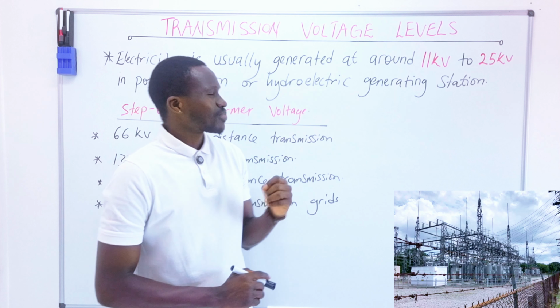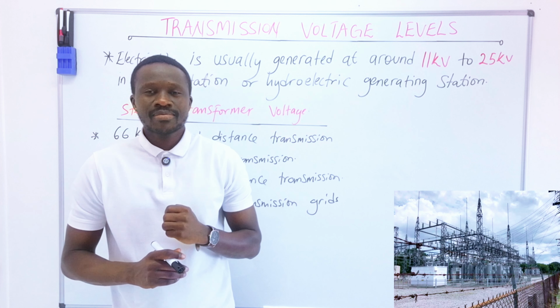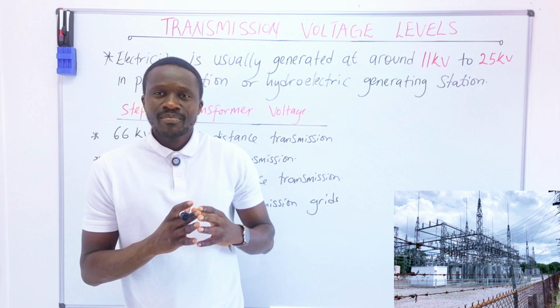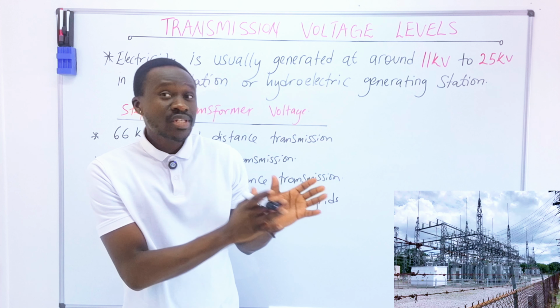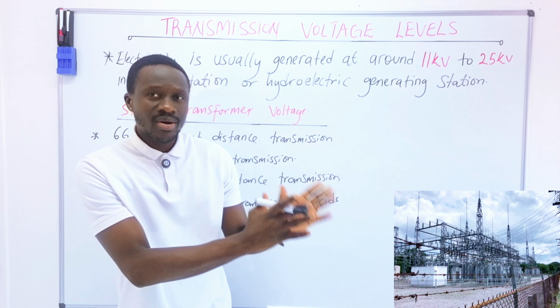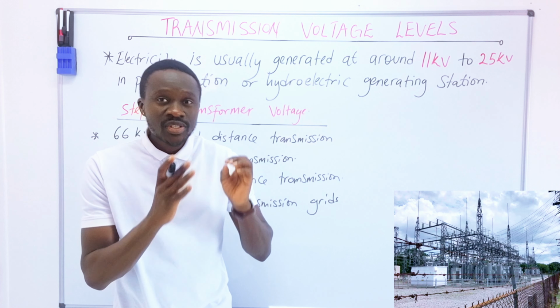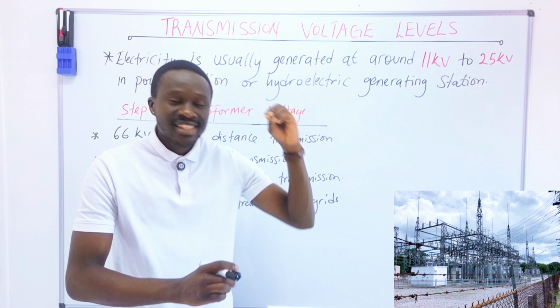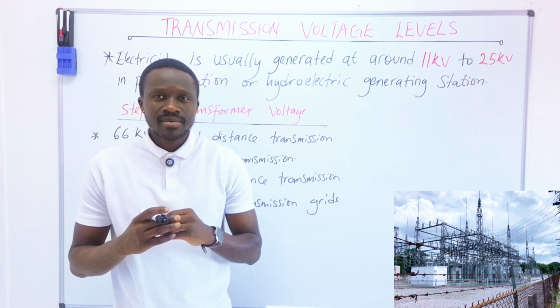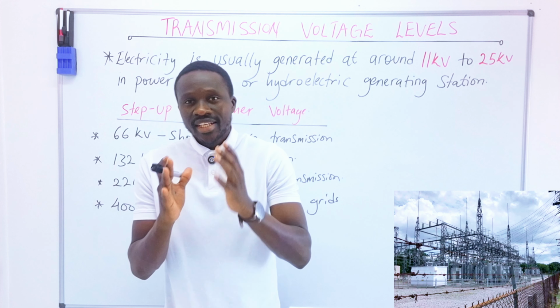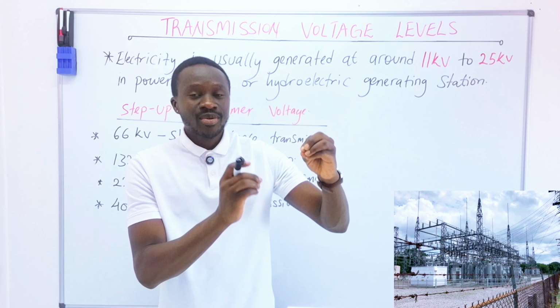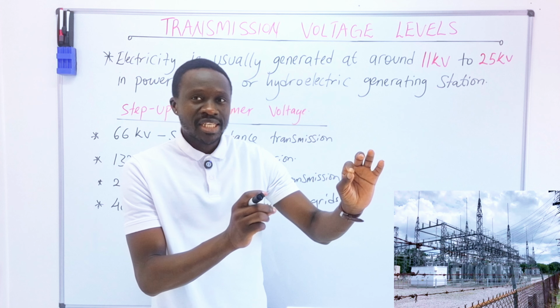Okay, now let me ask you something. Have you ever wondered why this generated electricity, which is in some small thousands, is transmitted in hundred thousands? Why do electrical companies not transmit at lower voltage?